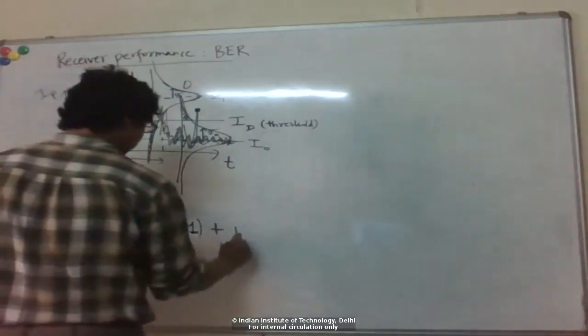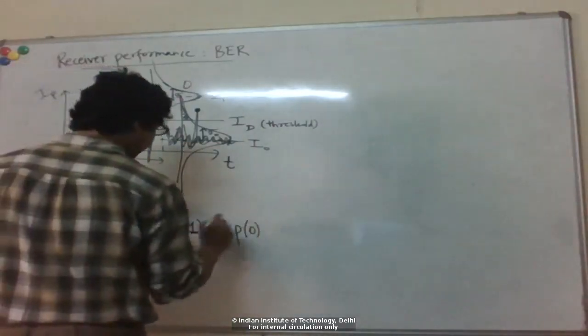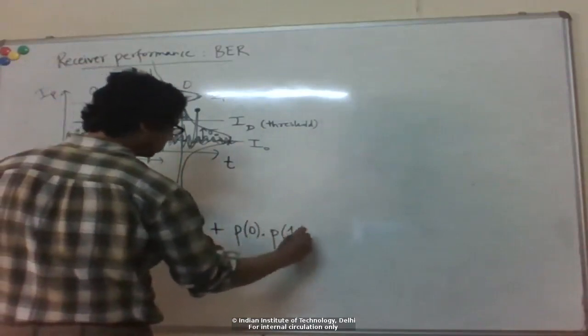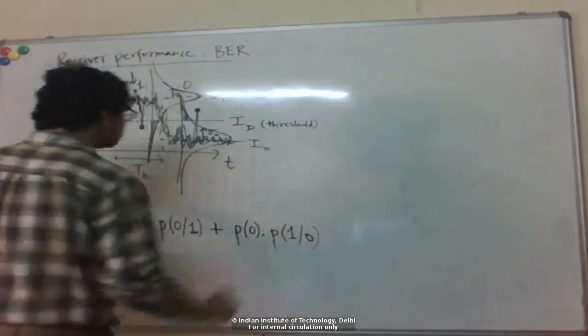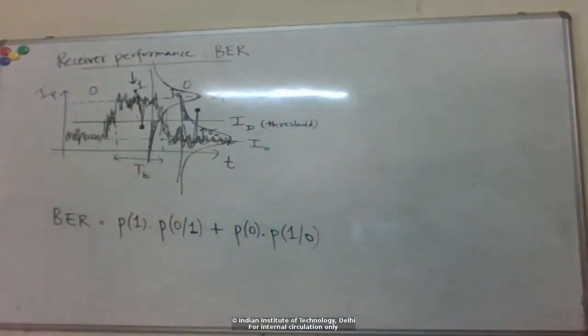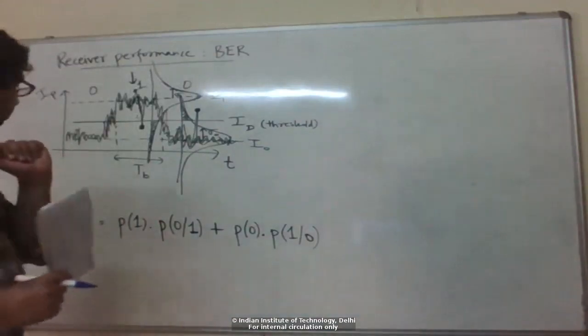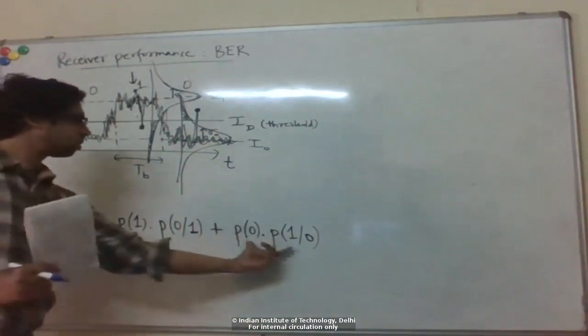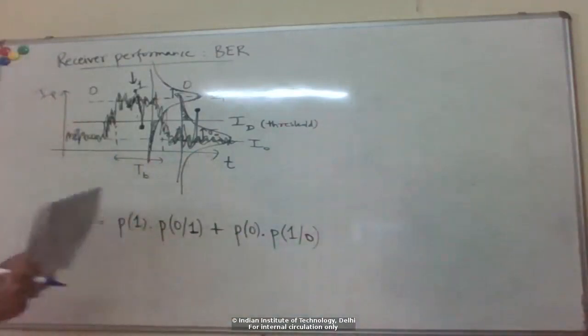And the other contribution will be if 0 was sent at the transmitter and I detect 1, given 0 is sent. So that's my bit error rate. This is the probability that 1 is sent and 0 is detected. This is the probability 0 is sent and 1 is detected.